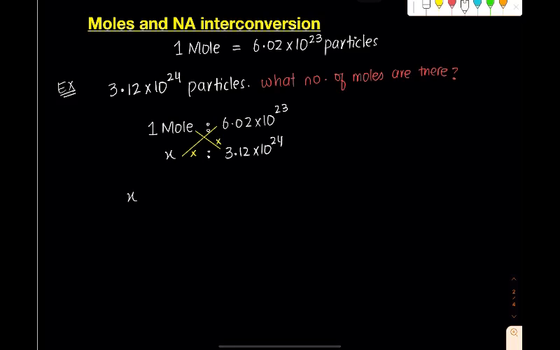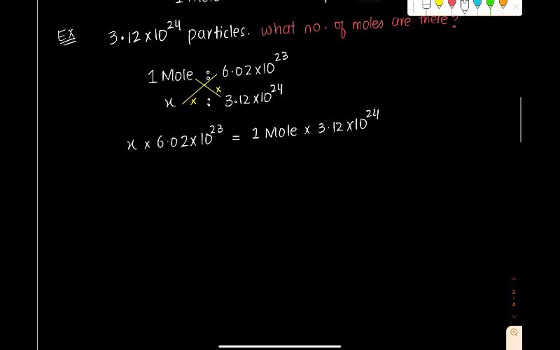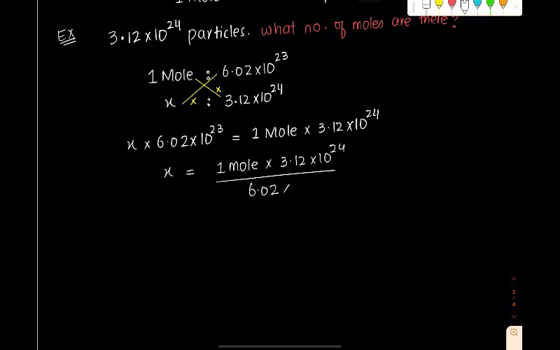So x times 6.02 times 10 power 23 is equal to 1 mole times 3.12 times 10 power 24. So x is equal to 1 mole times 3.12 times 10 power 24 divided by 6.02 times 10 power 23.